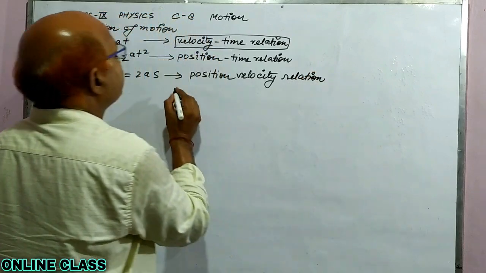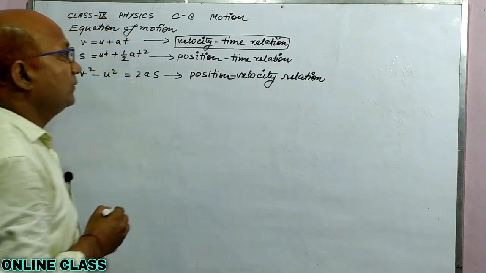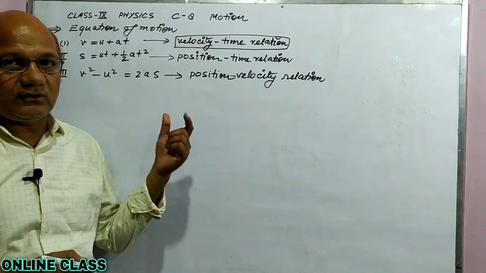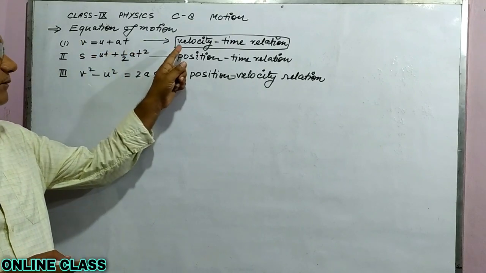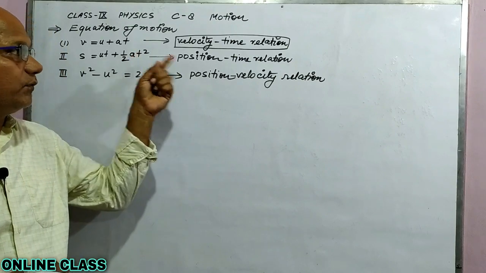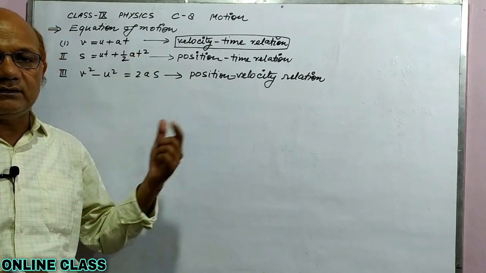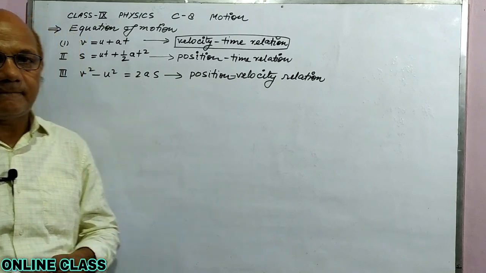So, these three equations of motion have their names. First equation is velocity time relation, second equation is position time relation, and third equation is position velocity relation.